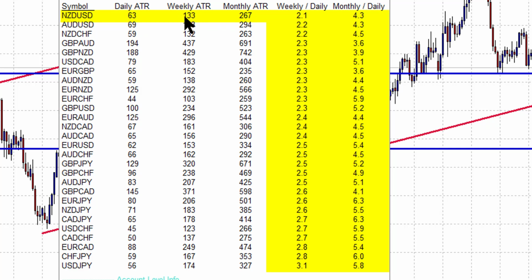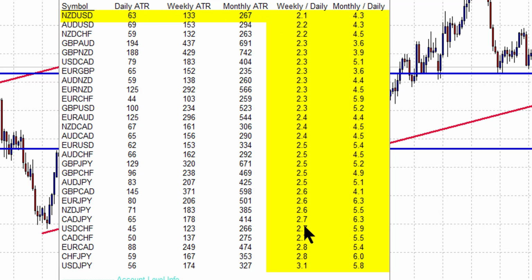On a weekly basis, only 130. So the range that this currency travels on a daily basis is quite high compared to the range that it travels on a weekly basis. In other words, it doesn't travel much. It only travels twice as much. So twice the daily range is almost the weekly range.